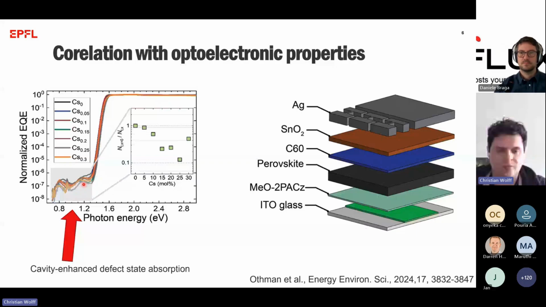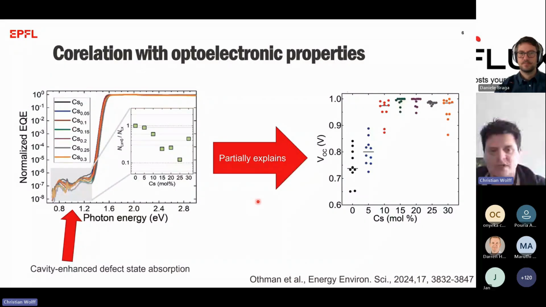And so we were relatively happy to see that we have a somewhat reasonable correlation also with the device performance, where we saw that if you have a high amount of these in-band gap states, you have low open circuit voltage on average, whereas if you decrease the amount of these trap states, you have an increase in the open circuit voltage.